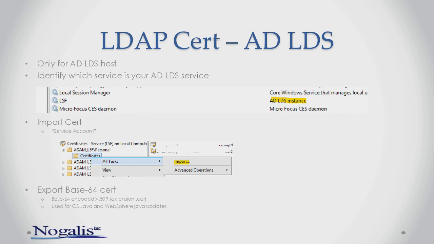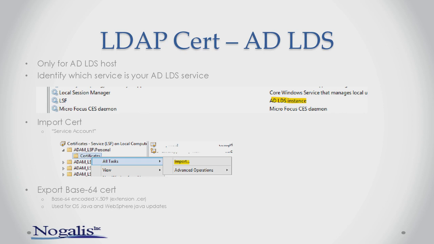So the first thing that you're going to do is install your new LDAP certificate in the personal store for your AD/LDS service. So first you want to figure out what your AD/LDS service is called. On the server hosting AD/LDS, you'll look, hopefully in your description, it'll say something about AD/LDS.